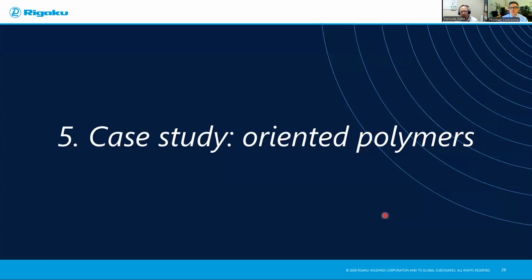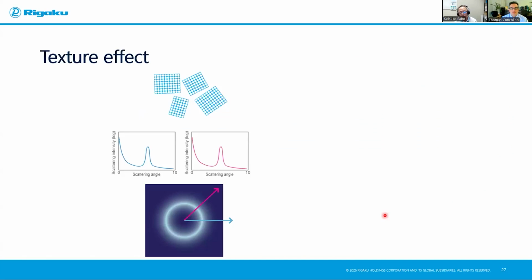So let's discuss a couple of examples today. The first example: oriented polymers. In the last episode, we discussed the case of non-textured materials, where you can scan in any direction and get identical information because your sample shows a Debye ring.